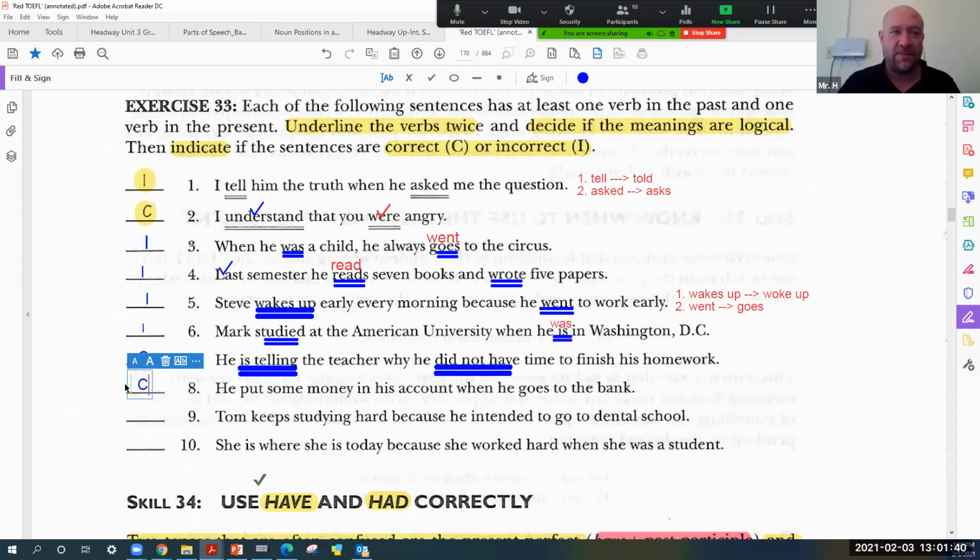Correct. He puts the money in his account when he goes to the bank. You just lost marks on the TOEFL exam. This sentence is incorrect. Now, why? Let's think about it. Where is the problem here, gentlemen? Because past simple, the first one.